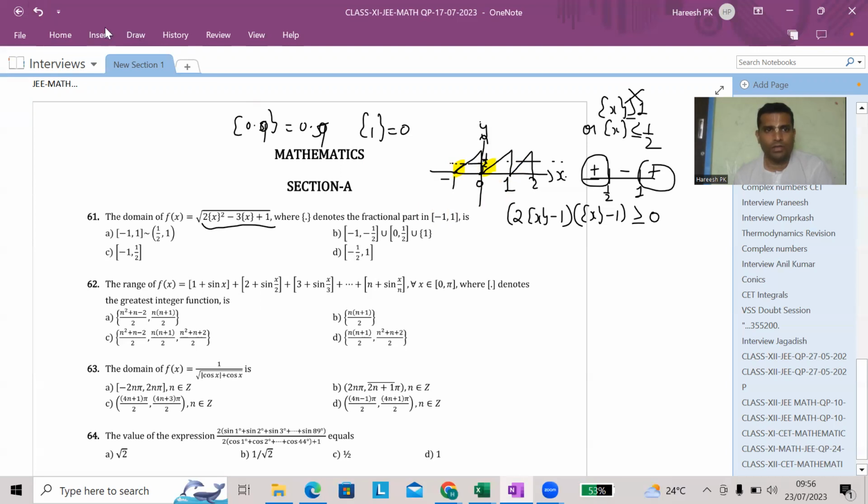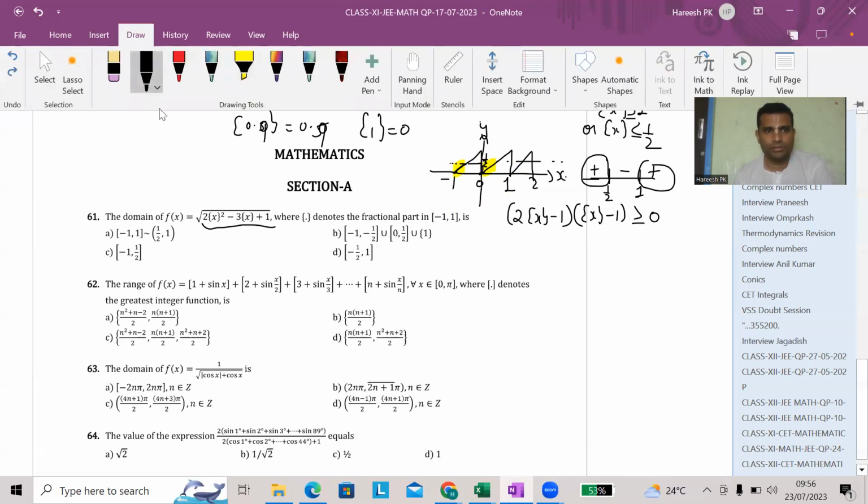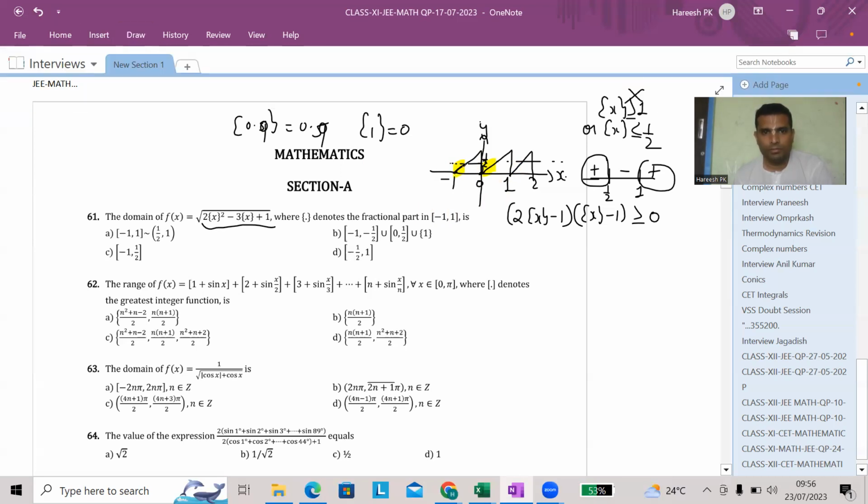Now, how do I know what is this portion? That's very easy. That means between minus 1 to minus half, and then this portion is 0 to half.